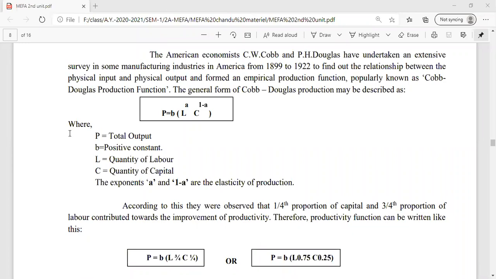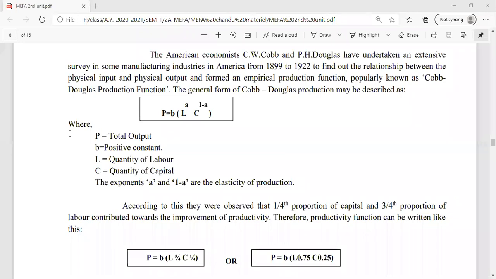I have to improve the labor by 75% and capital by 25%. What if you exchange both? If you increase the capital, sometimes it may cause loss for you. So we may improve the labor, right? Okay, we are improving the labor by 75%.